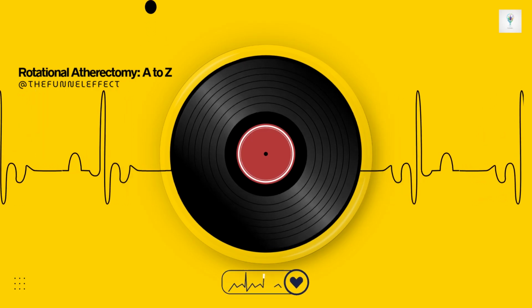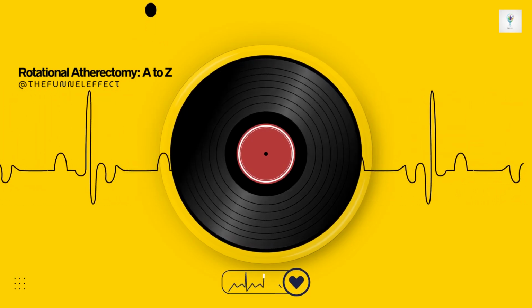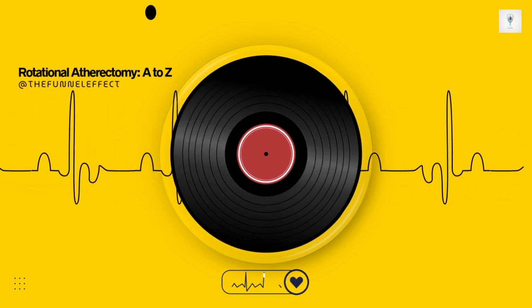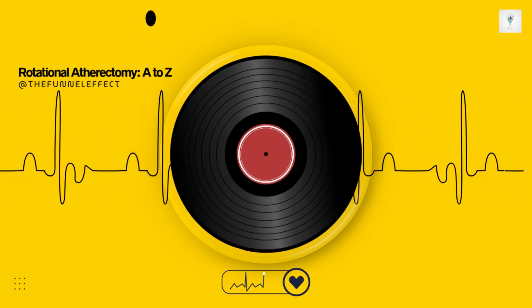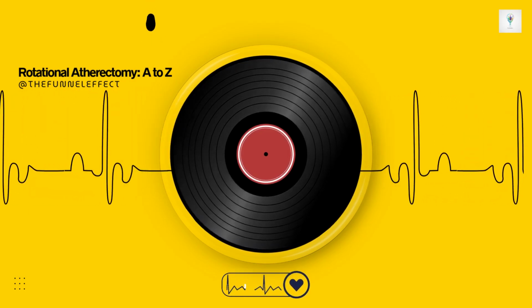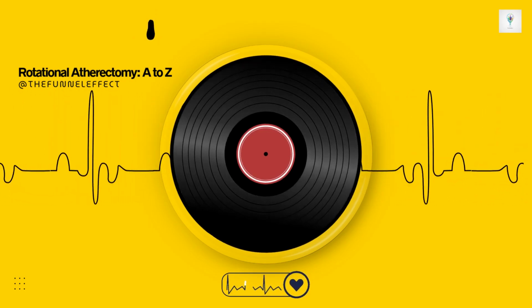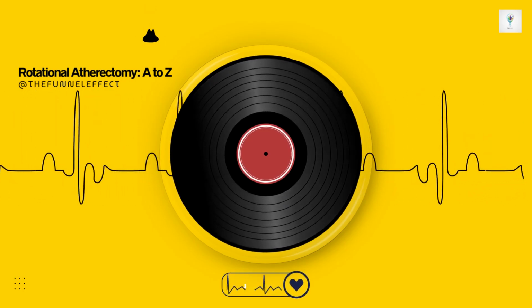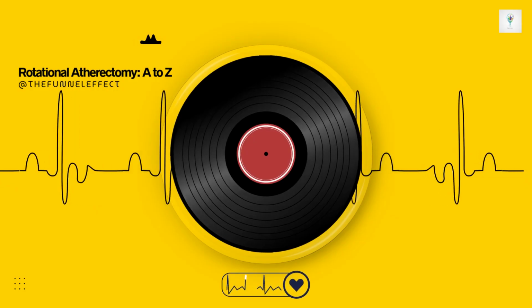Or, importantly, if they have severely depressed left ventricular function, typically defined as an ejection fraction below 30%. We also proceed very cautiously with particularly long lesions, say greater than 25 millimeters, or those with very sharp bends, acute angles greater than 45 degrees. And critically, as you mentioned, you should really not be performing this type of high-risk procedure without immediate surgical backup available, just in case of major complications like perforation. It really underscores that preparation dictates success here.